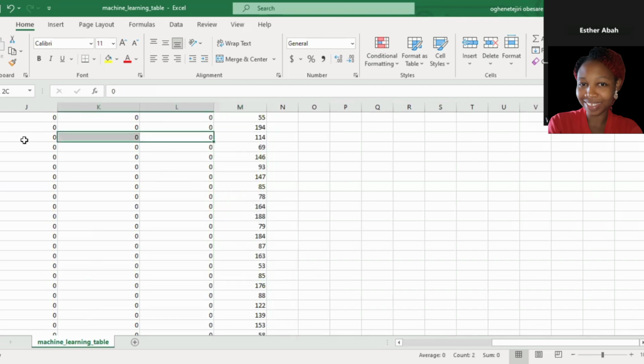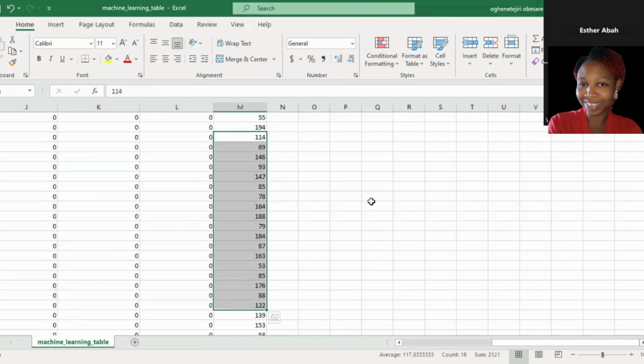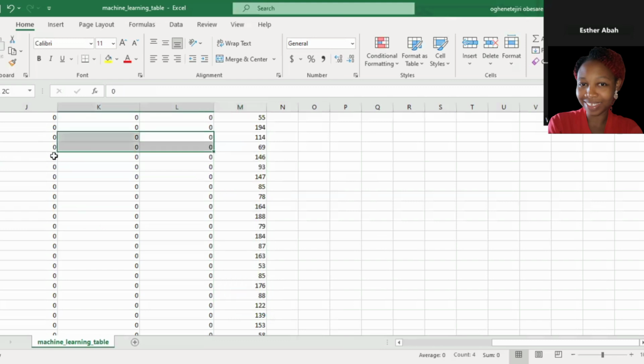With all this information for the X test, predict this information, your Y test. That is what the Y predict is doing. So take note. That predict is trying to tell us if the model successfully uses this information to predict the Y. The answer it's supposed to be getting should be 114, 69, 146, 93, and so on.